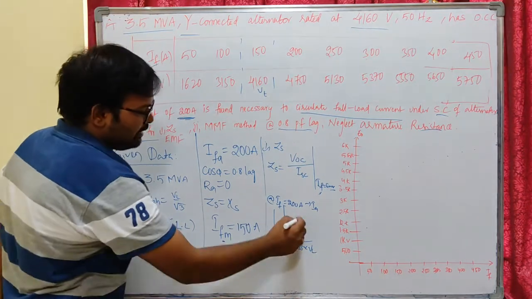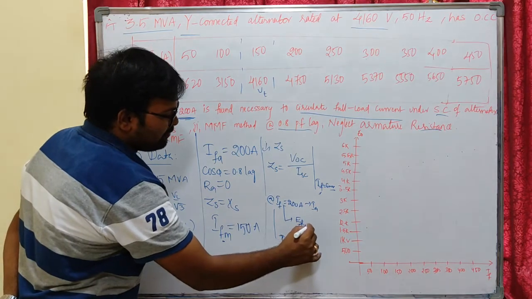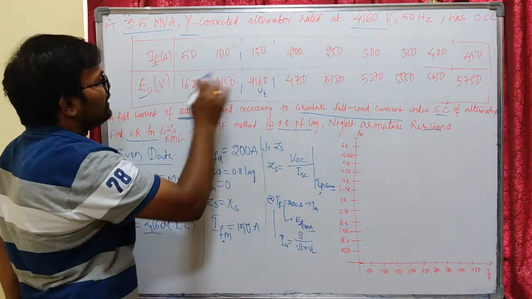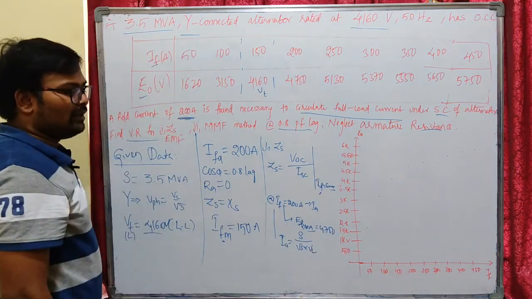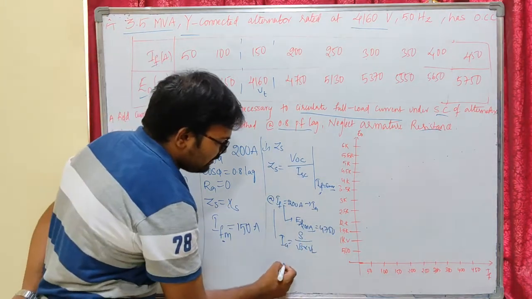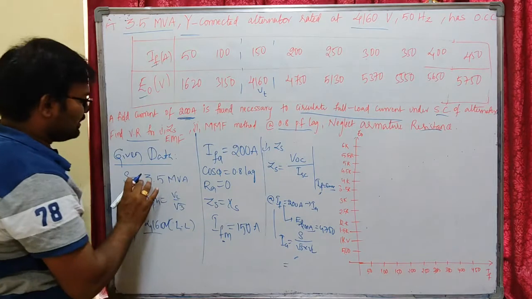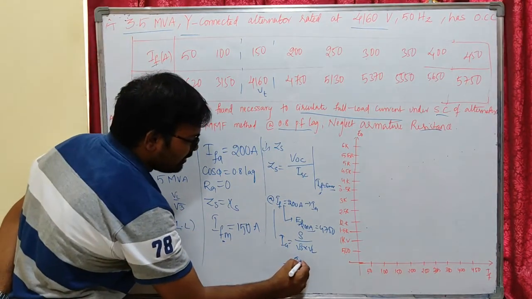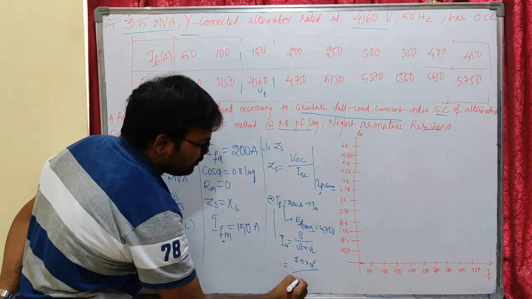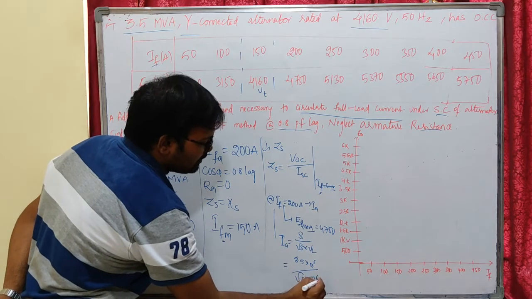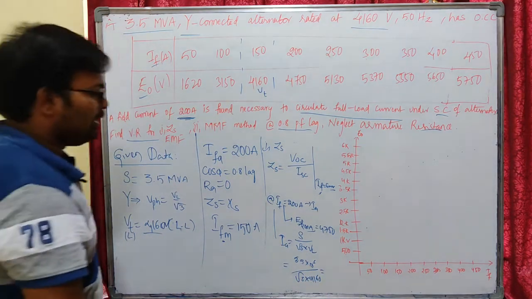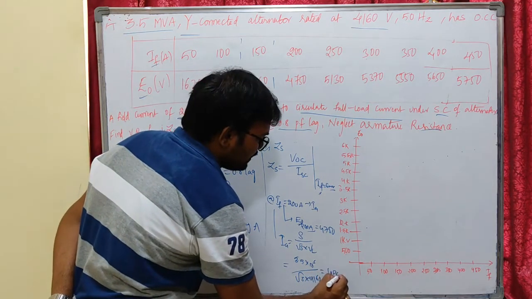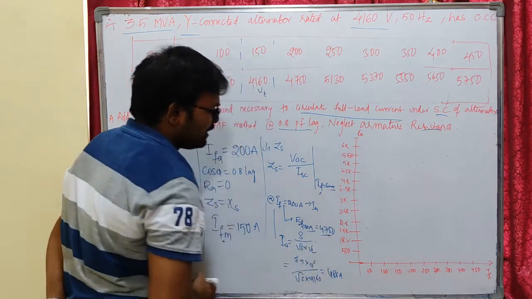E naught at 200 amperes of field current is 4750. You can find IA using the given data, that is 3.5 into 10 power 6 by root 3 into terminal voltage 4160. So what is IA here? The armature current here is 486 amperes, and the terminal voltage is the line voltage here.